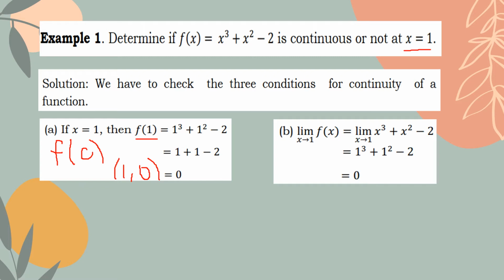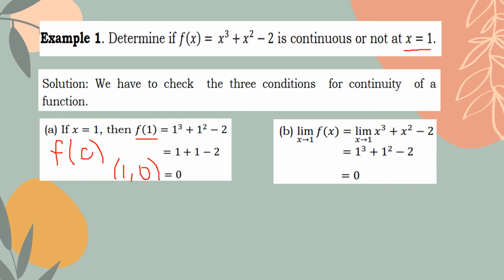However, you were also taught that when the function is a polynomial function, we can immediately substitute the value of x to the given function. Obviously, this is a polynomial function, so we just have to substitute it right away.